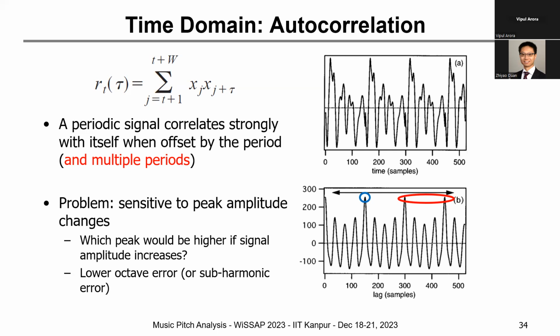That's the idea. But the problem is that we often misdetect these peaks, and that gives us a lower octave error in the pitch estimation, because the estimated period is twice the true period. That means the estimated fundamental frequency would be half of the true fundamental frequency, and it's called a lower octave error.